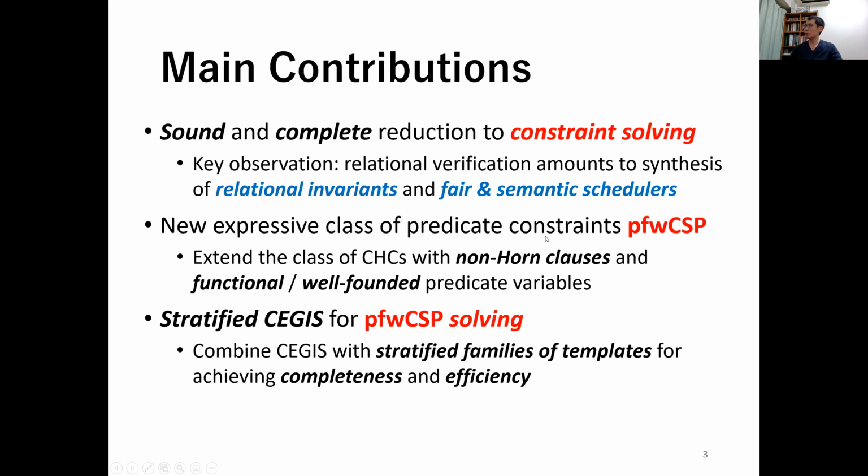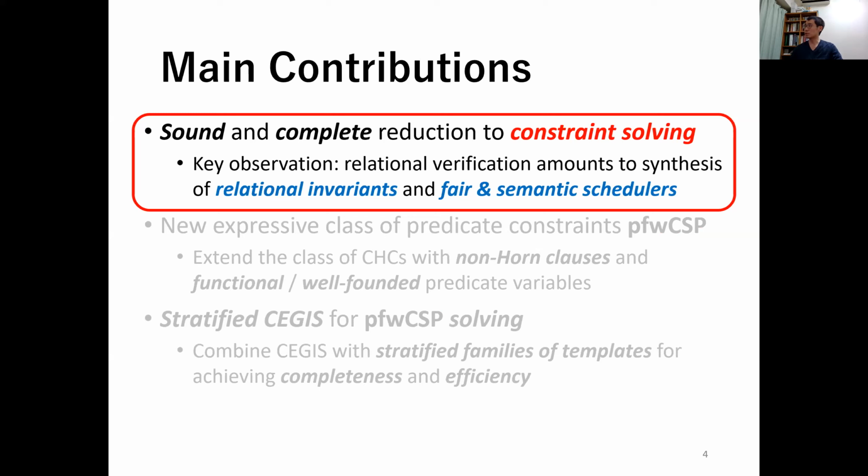The remaining two contributions of this work are a new class of constraints that we call pfwCSP, I will let you know what that stands for later, and a constraint solving method for this new class of constraints.